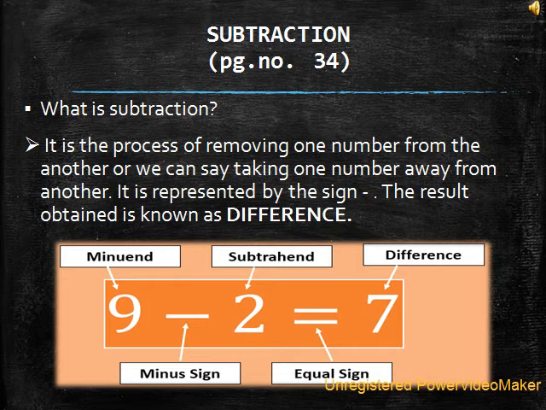Now what are the numbers called which we are subtracting? The number from which we are subtracting is minuend, and the number which we are subtracting is subtrahend.